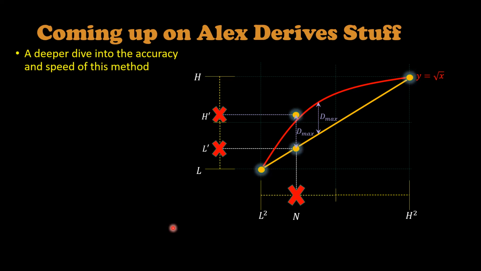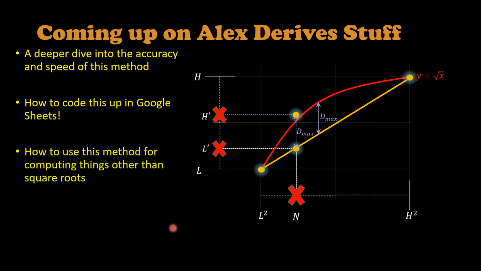It's not quite as good as Newton's method, which is the sort of standard way of doing this. And I'm also going to show you how to code this up in Google Sheets. You might think Google Sheets, like Excel coding, what? But yeah, you can write code in those things. And I also want to show you how to generalize this a little bit. These will probably all be separate videos.